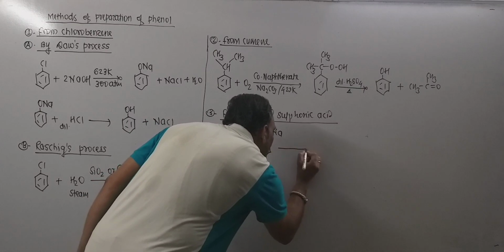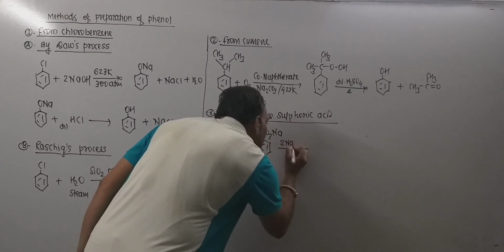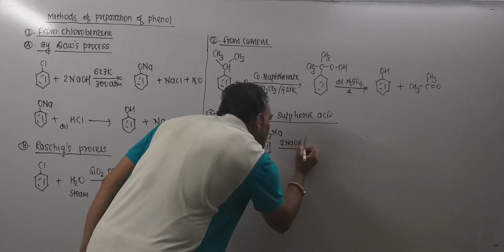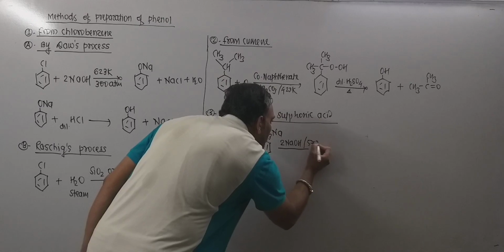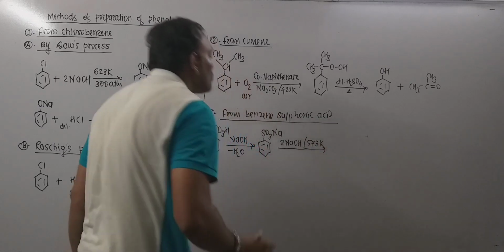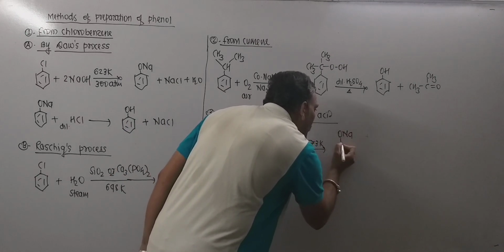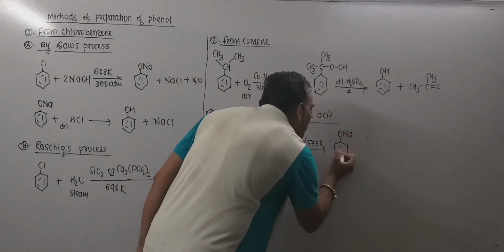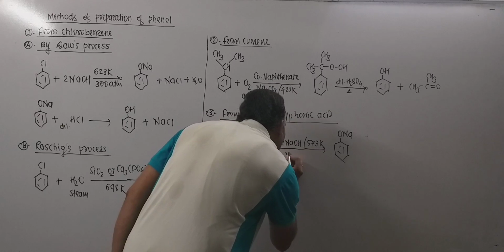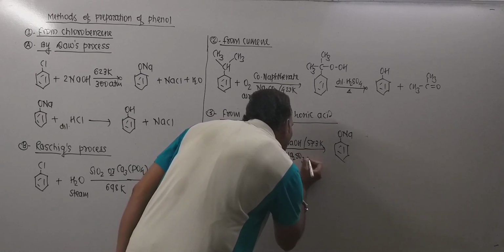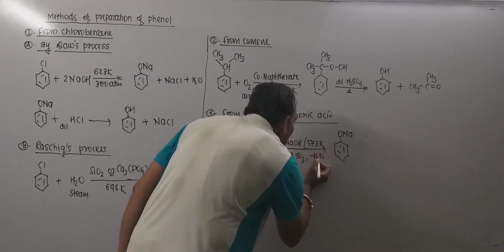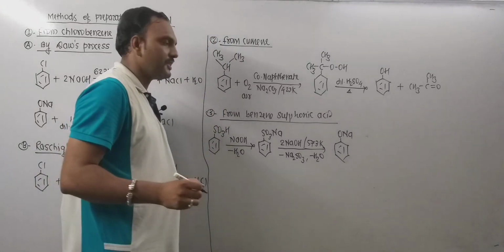Now this sodium benzene sulfonate is fused with excess NaOH at about 573 Kelvin. By doing this one gets sodium phenoxide as a product with the departure of Na2SO3 and H2O as side products in this step.